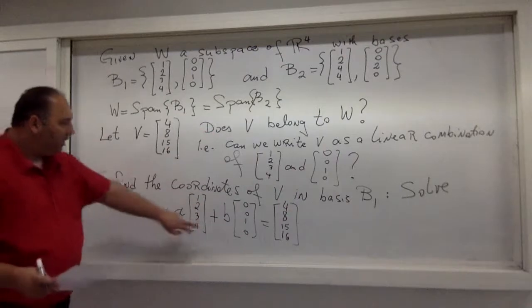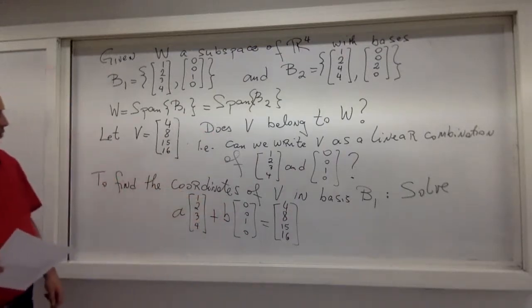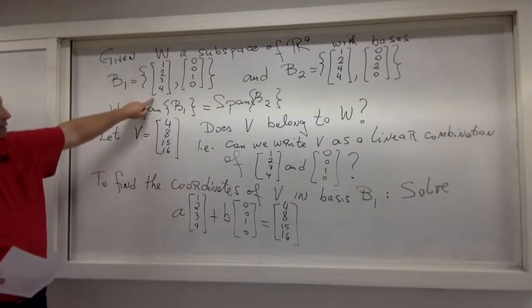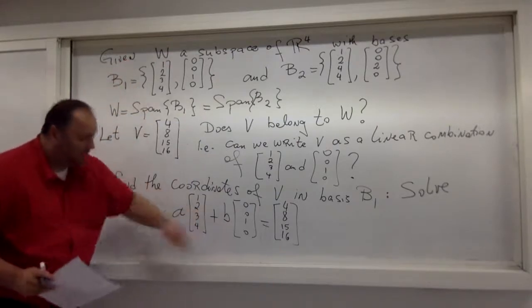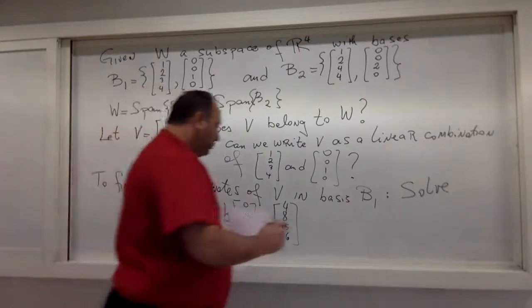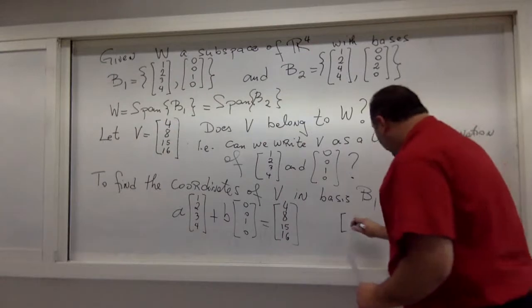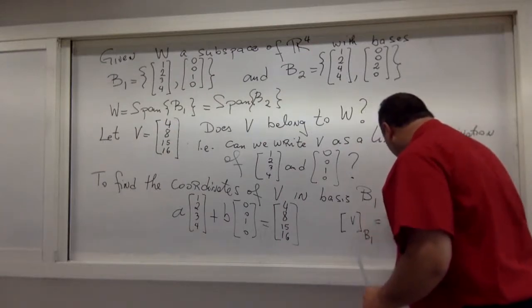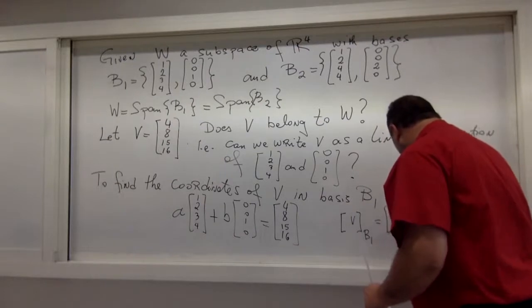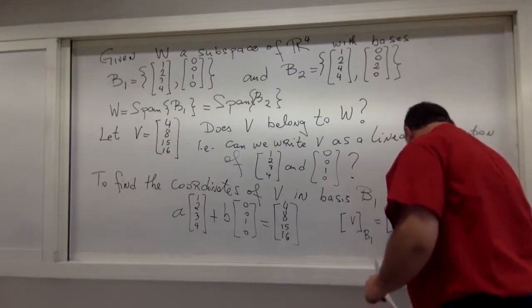If I can find these two numbers A and B, then my vector V is a linear combination of the basis vectors, therefore it belongs to W, and at the same time A and B are the coordinates. So you can write it like this: the coordinates of V in basis B1 are A and B. This is A, not 9.